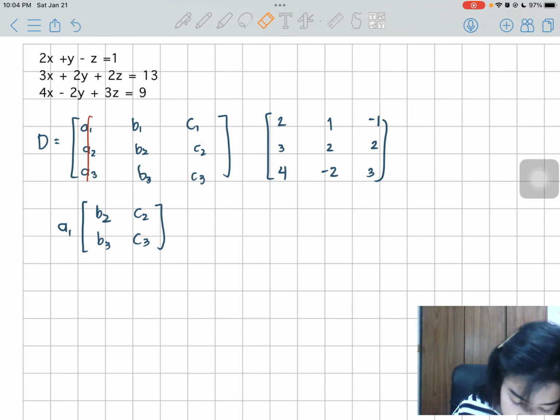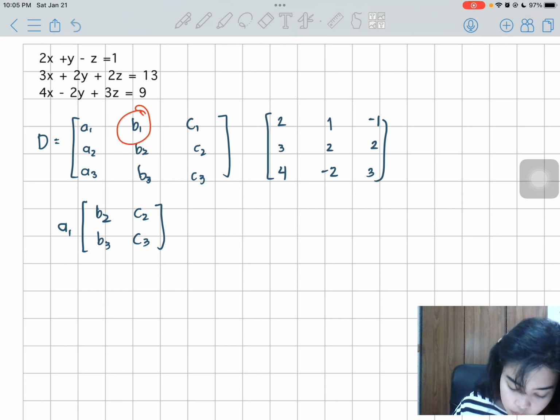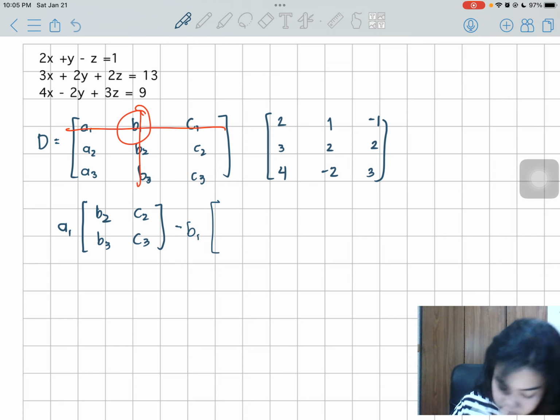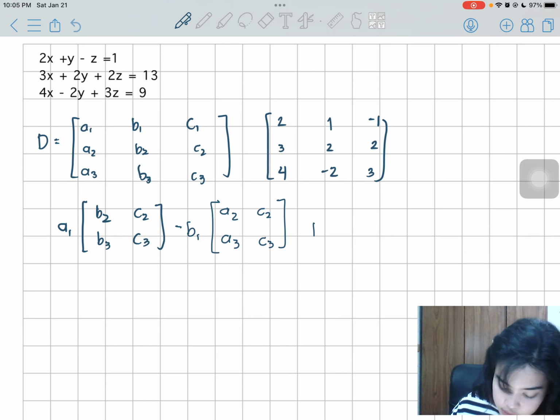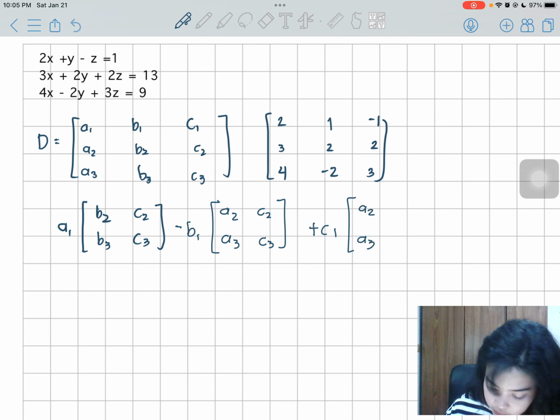And then, if we have b1, we must eliminate column 2 and row 1. Minus b1 multiplied by a2, a3, c2, and c3. And then for c1, we have a2, a3, b2, and b3.